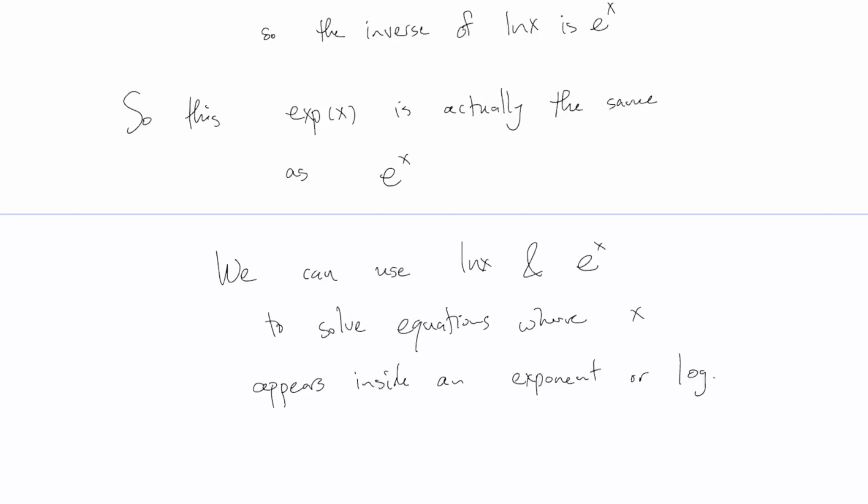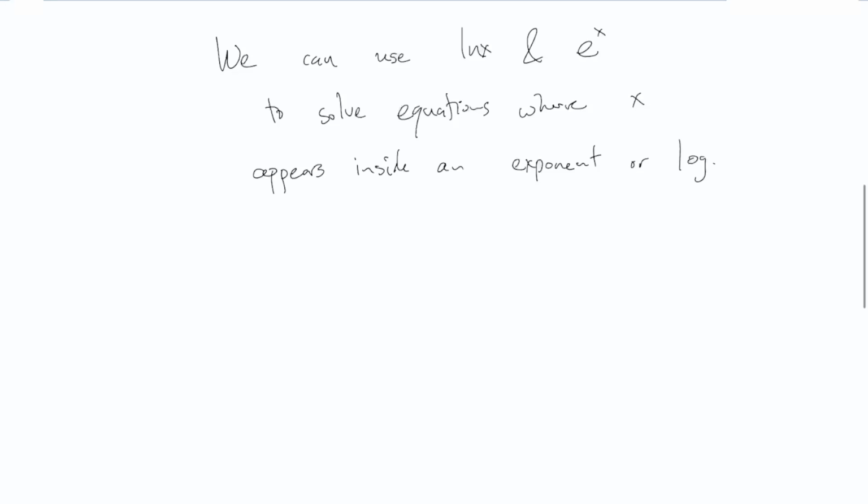This is all based on using these as inverses of one another. So if you have something that says ln of a equals b, this means that e to the b equals a. It's because they are inverses of one another.